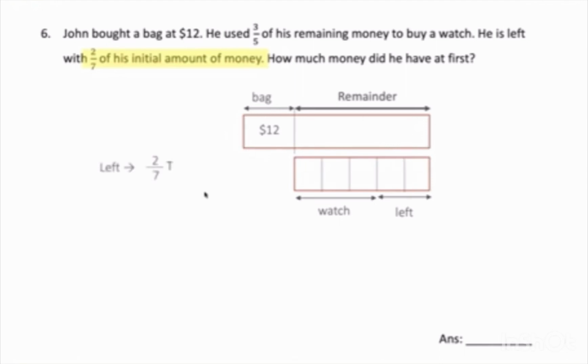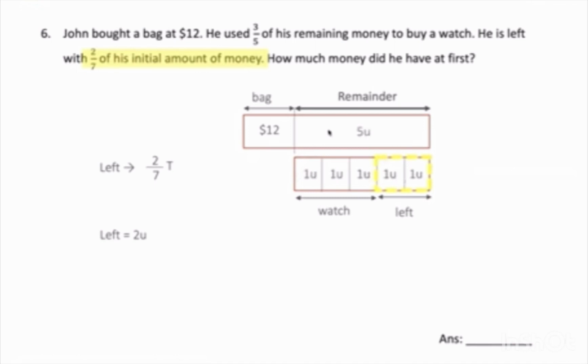Okay, 2 over 7 of the total. So I put this as 1 unit, 1 unit each. So this is the left, which is 2/7. So 2 units, just nice. There's 2 units here, and this total is 7 units. So this will be 1 unit each.